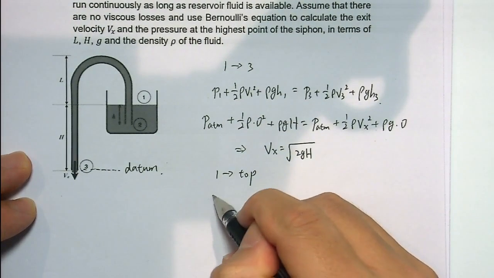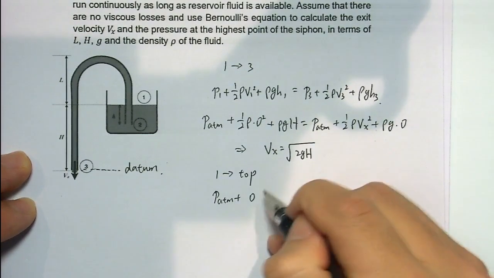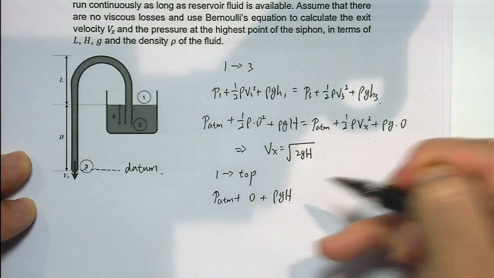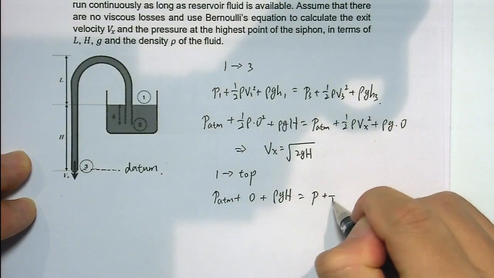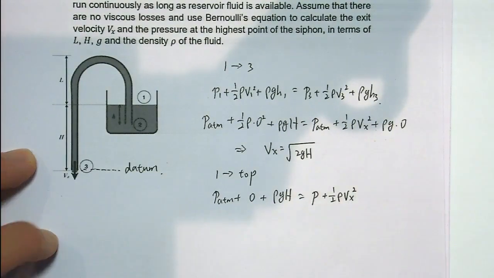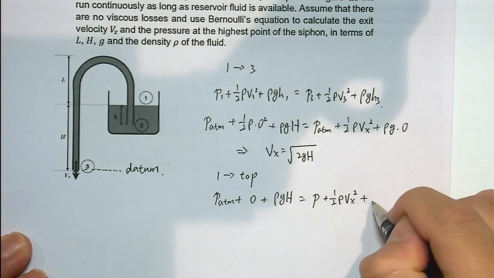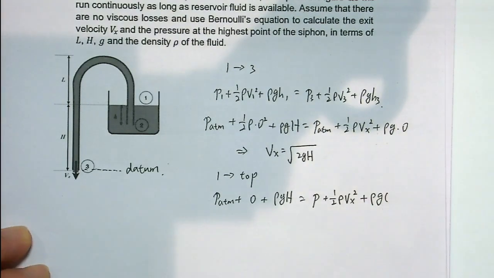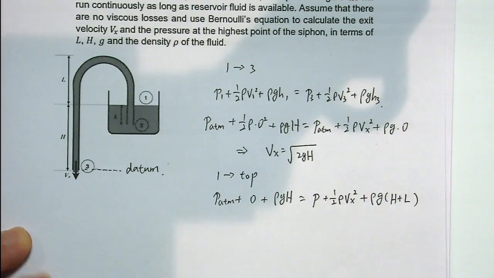At 1, it is P atmosphere plus 0, since the velocity is 0, plus rho gh. And at the top, the pressure is what we would like to solve, plus half rho Vx squared, because the velocity in the pipe is the same based on the continuity equation, plus rho g. Based on the datum, the height here is capital H plus L.